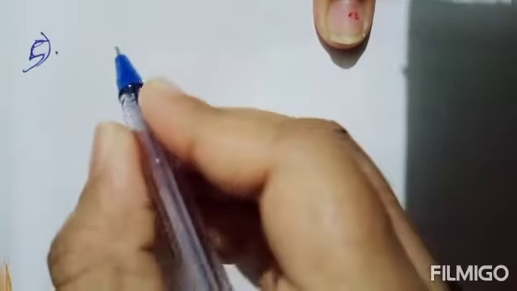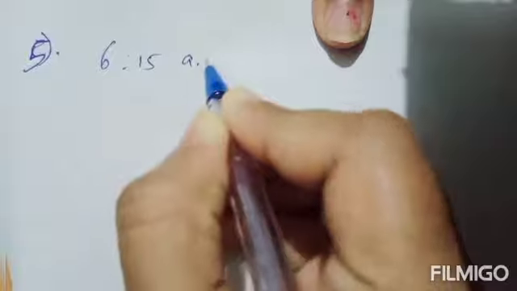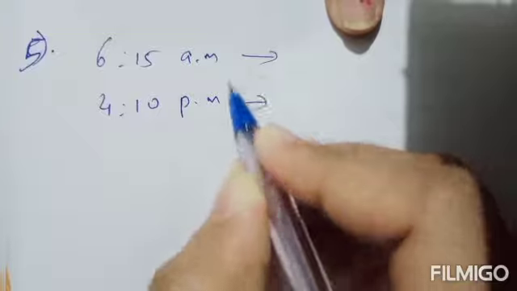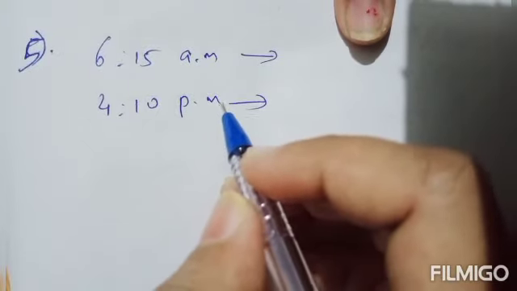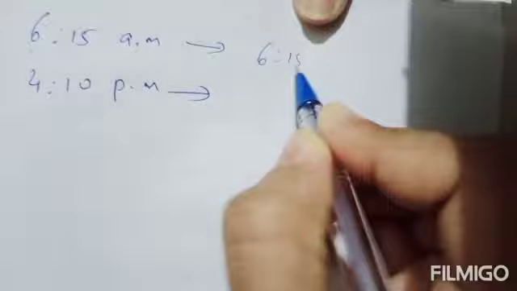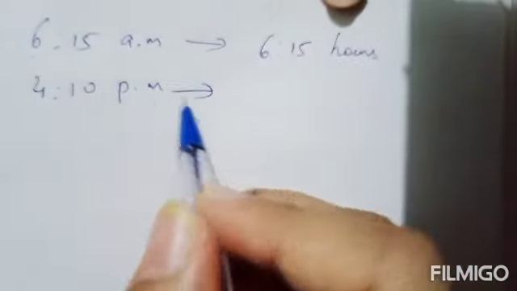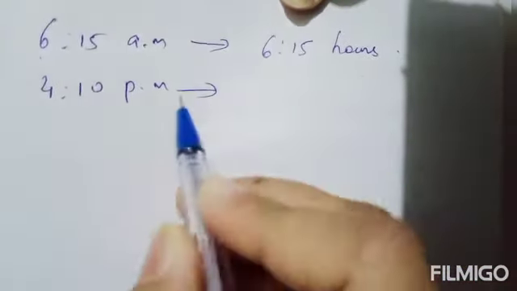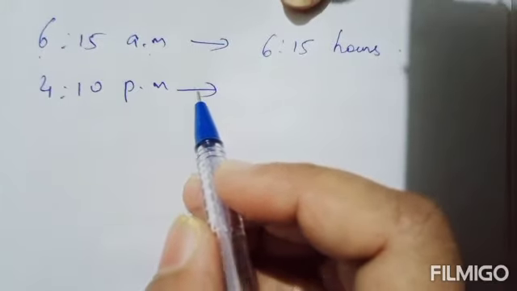Next, fifth one, find the time interval between 6:15 a.m. and 4:10 p.m. First, convert the given times into 24-hour clock time. 6:15 a.m. you can just write as 6:15 and replace a.m. by hours. 6:15 a.m. in 24-hour clock time is 6:15 hours. 4:10 p.m. in 24-hour clock time, how can you change this?